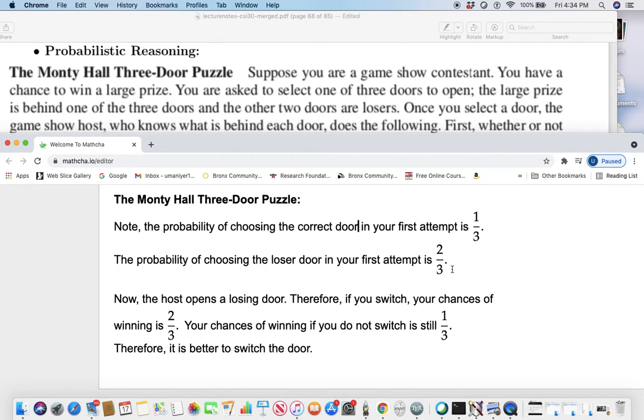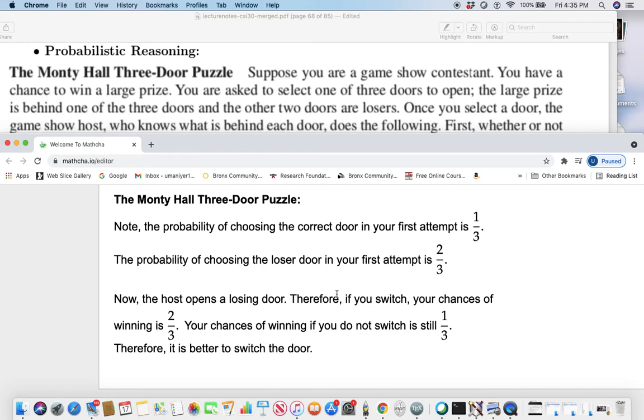Now you don't know which one you chose. Now the host is opening a loser door from the remaining 2 doors.